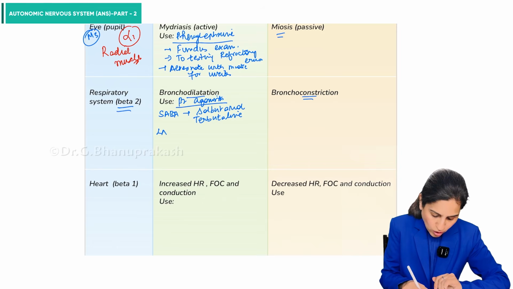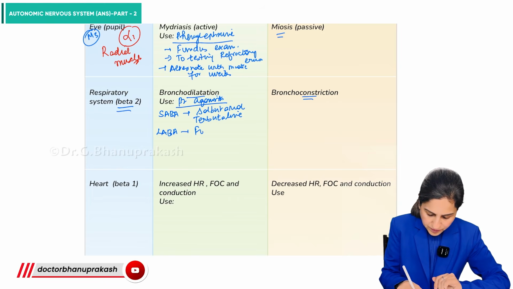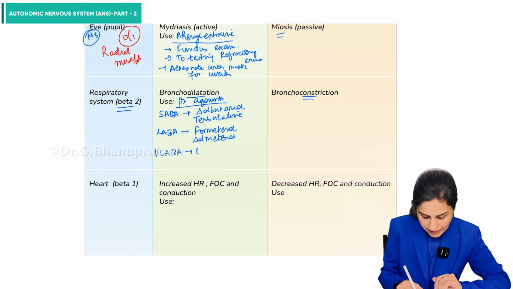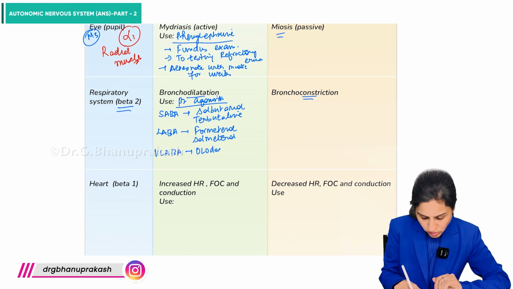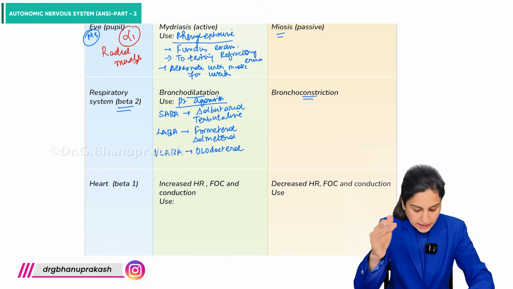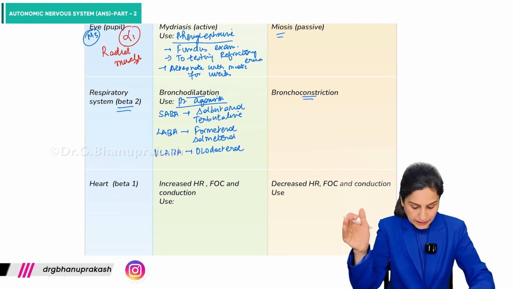Then we have long acting beta 2 agonists like formoterol and salmeterol. Then we have very long acting beta 2 agonists like olodaterol. So these are all the beta agonists: short acting, long acting, very long acting.